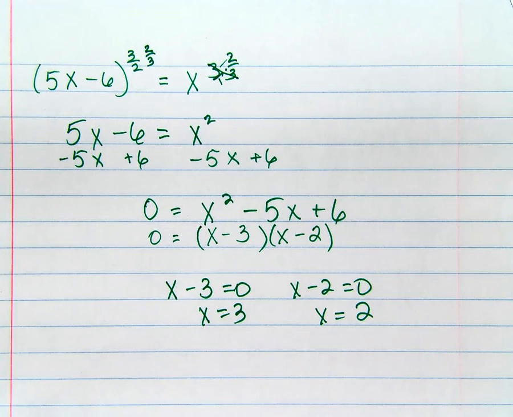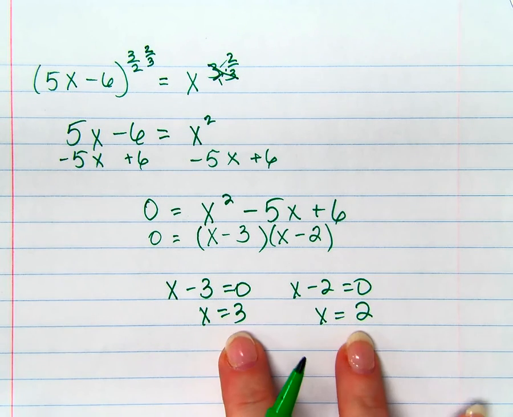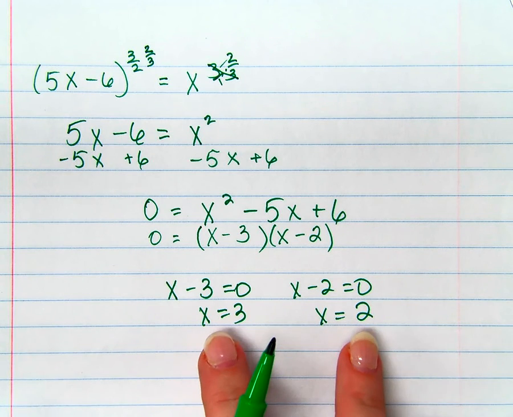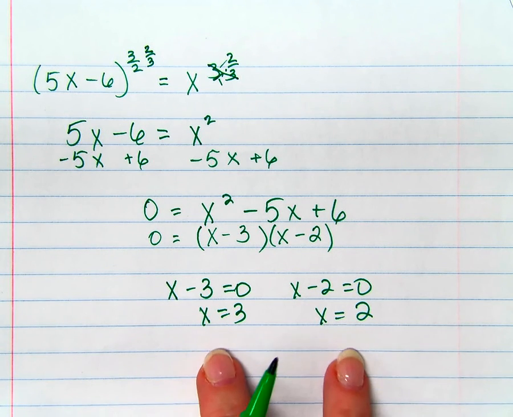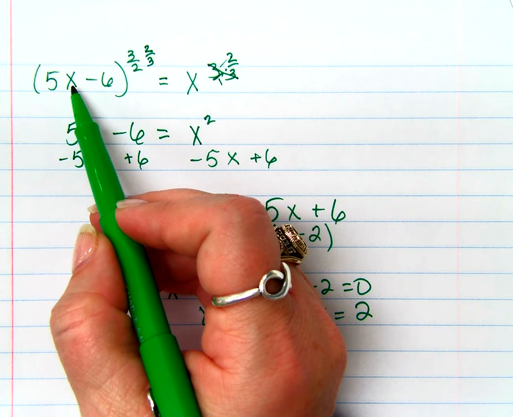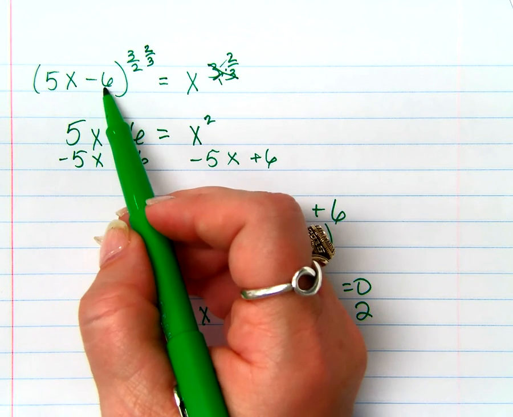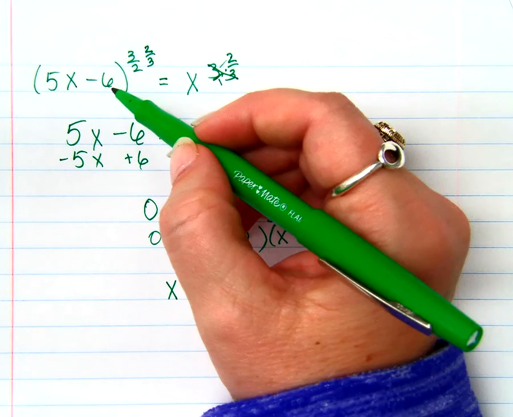Which one's right? Well, we got to plug them in, don't we? Okay. Is it possible that one of them's right? Is it possible that both of them are right? Is it possible that neither one of them are right? Yeah, let's plug it in. 3. 5 times 3 is 15. 15 minus 6 is 9.